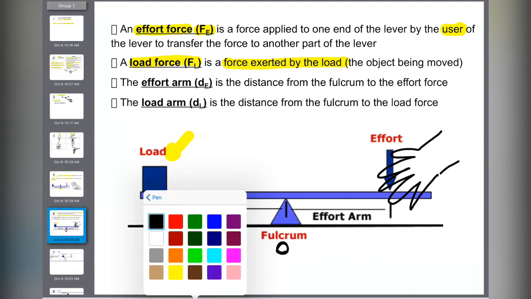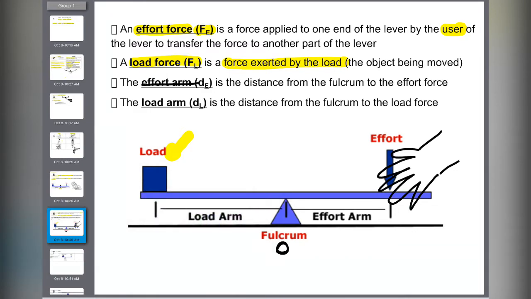Other definitions include the effort arm. Oops, I meant to use a highlighter. The effort arm is how long it is from the effort to the fulcrum. Do you see the turning point? Measuring from the fulcrum to the effort is called the distance of the effort.